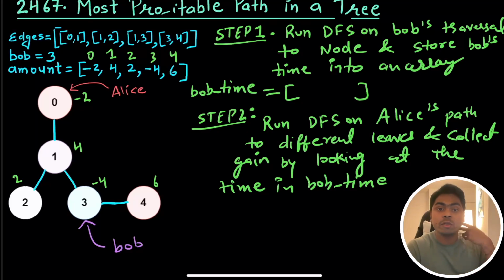That means if it was a price, he has already paid, or if it was a profit, then Bob has already taken it. We will basically receive 0.